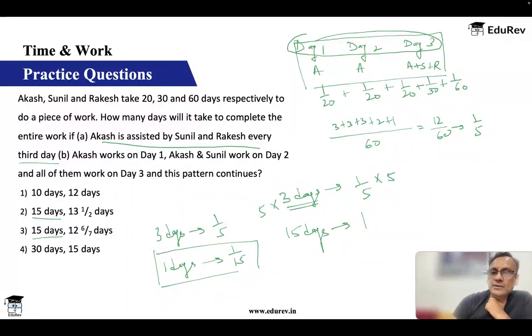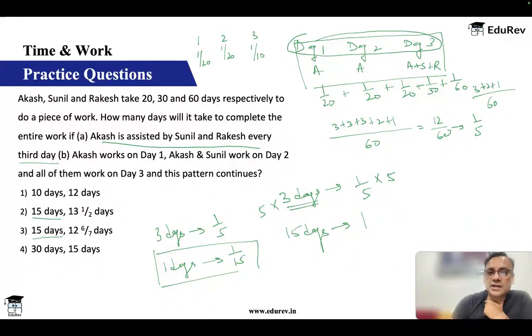On day 1, work done is 1 by 20, on day 2, work done is 1 by 20, and on day 3, work done is 1 by 20 plus 1 by 30 plus 1 by 60, which is basically 3 plus 2 plus 1, 6 by 60. Work done is 1 by 10.